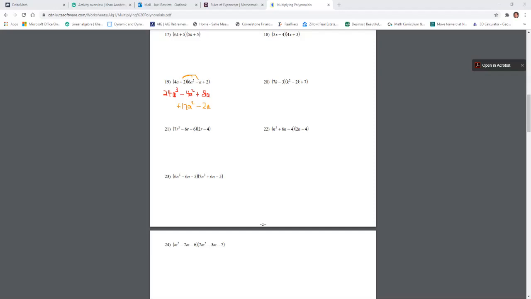And then finally, I'm going to multiply 2 times 2, which is 4. And I'll just put the plus 4 here because there is no constant number on the top line. So it will sort of have its own place. And now that I'm finished, I'm going to simplify. I'm going to just bring down the 24a cubed because there's nothing else to add to that, right? 24a cubed.